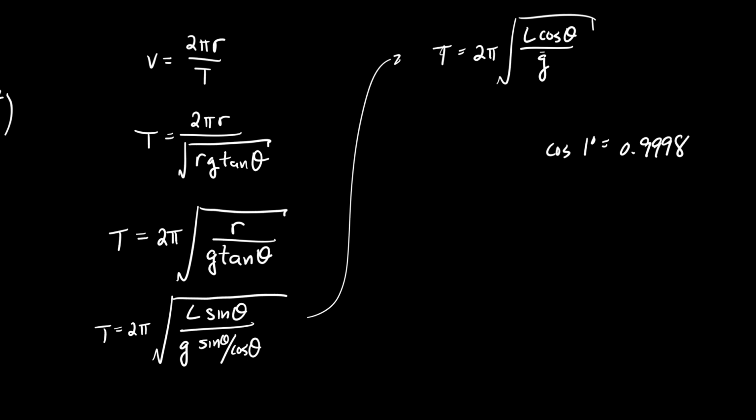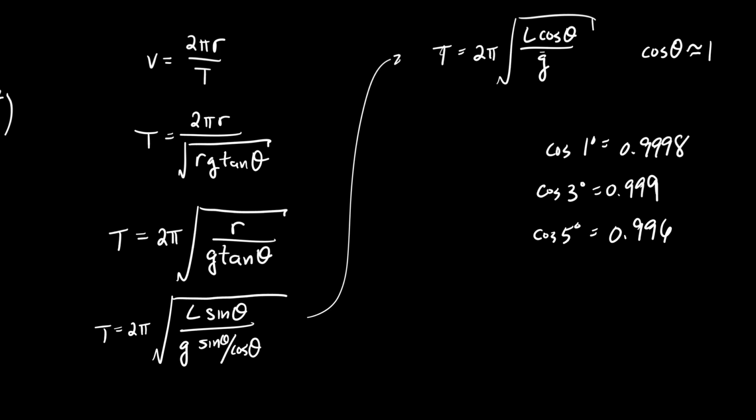Say cosine of 3 degrees, 0.999. Cosine of 5 degrees, 0.996. If I was to come up with a small angle approximation for cosine, what do you think it is? 1. Yeah. So if I keep my angle small, cosine theta is nearly equal to 1.